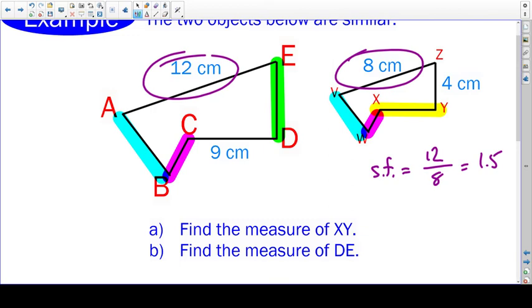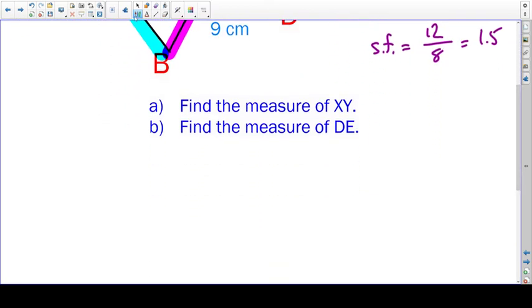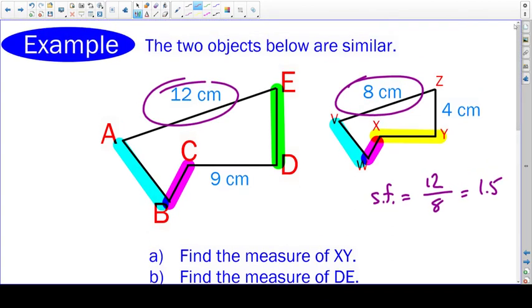So part A asks us for XY. So how will we do that? First off, we look at XY. XY is in the smaller object. So because it's in the smaller object, we look at the corresponding side. It's 9 centimeters.